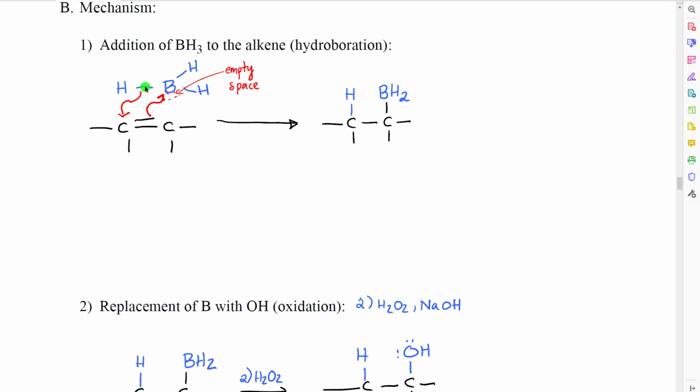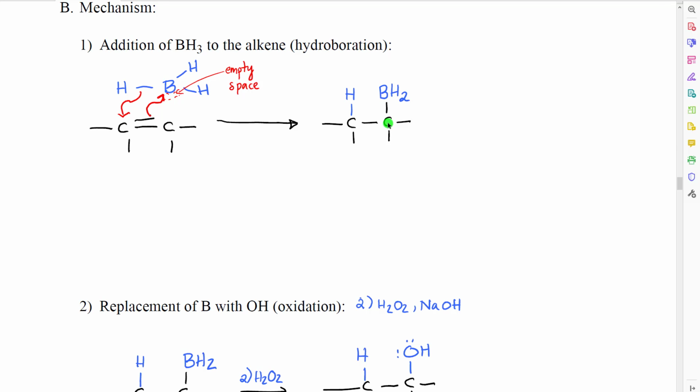The hydrogen, this bond, is attracted to that positive charge and it moves down and simultaneously makes a bond to that carbon. So essentially we move a pair of electrons up here, and then we move a pair of electrons down here, and we end up with this product where on one side we have a bond to hydrogen, and on the other side we have a bond to boron between the carbon.